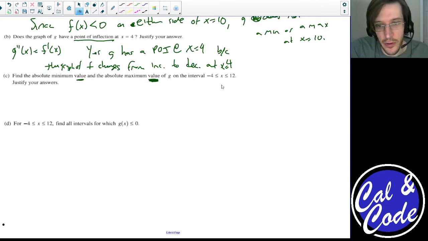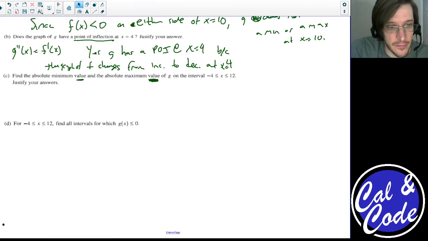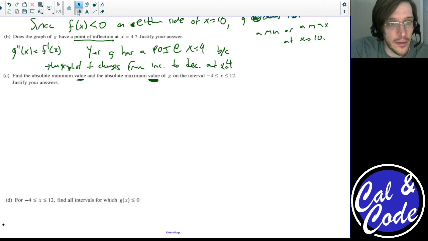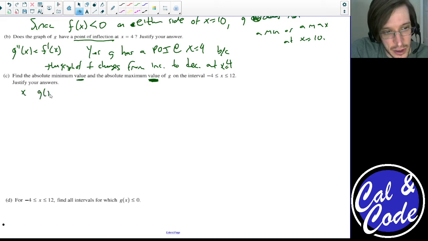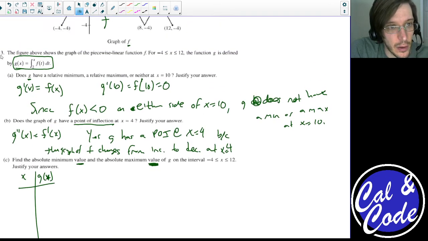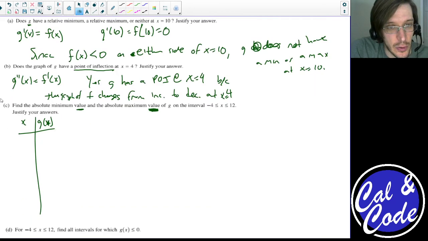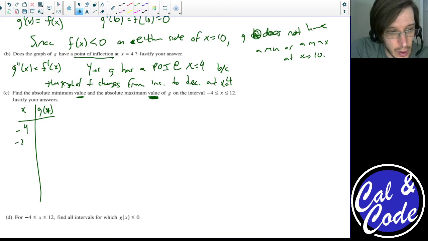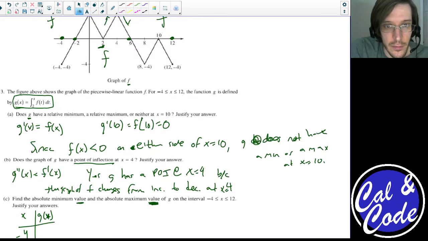Basically what I would like to find out is the value of g at all those various places. So I'm going to have an x and a g of x, kind of a table here. And in that table we're going to have -4, -2, 2, 6, and I think 12.